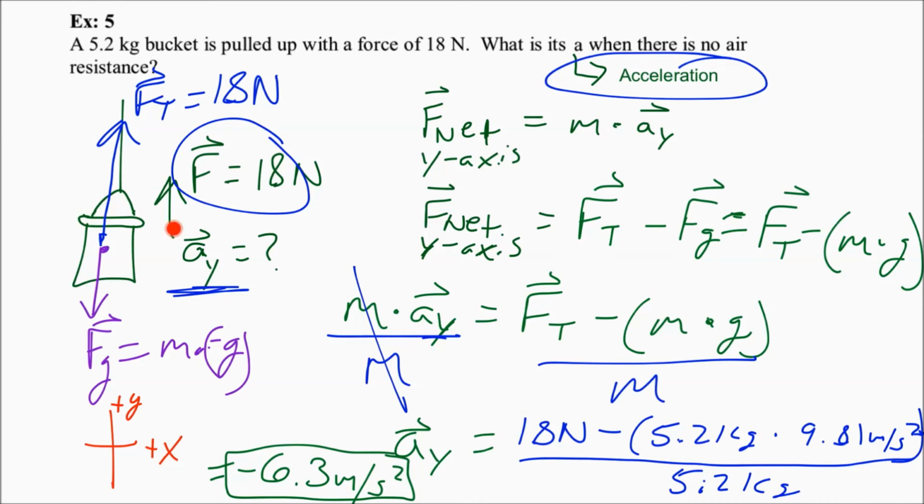But in any case, this bucket is moving in a downward direction. So the vector for the acceleration in the y-axis would actually be pointing down. That means that the net force would also be pointing down, because net force and acceleration always move in the same direction.